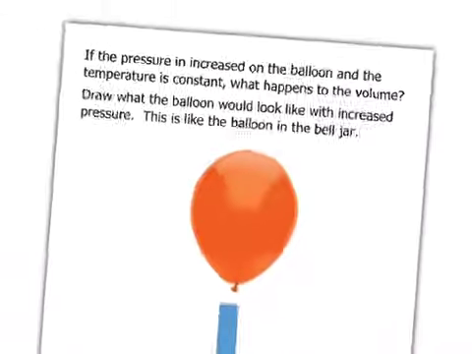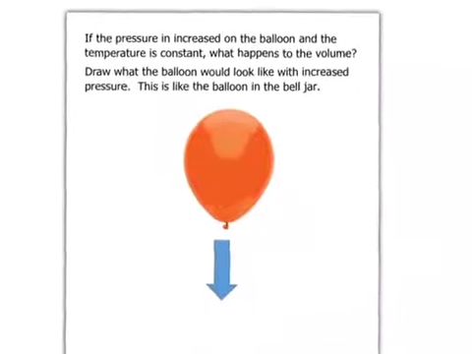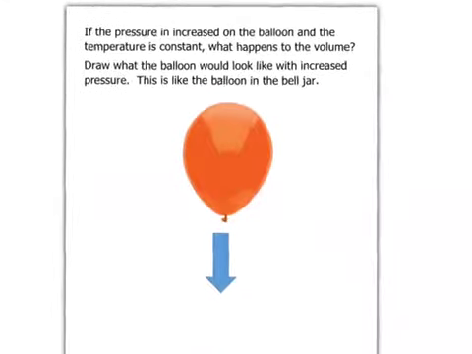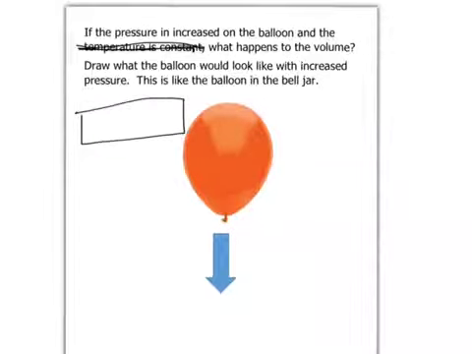Alright, here, if the pressure is increased on a balloon and the temperature is constant, since the temperature is constant, we're not going to worry about it. What happens to the volume? So again, let's look at our little handy-dandy stick thing here. So this was P, T, V, and we said the temperature is constant, so we're going to get rid of that temperature.